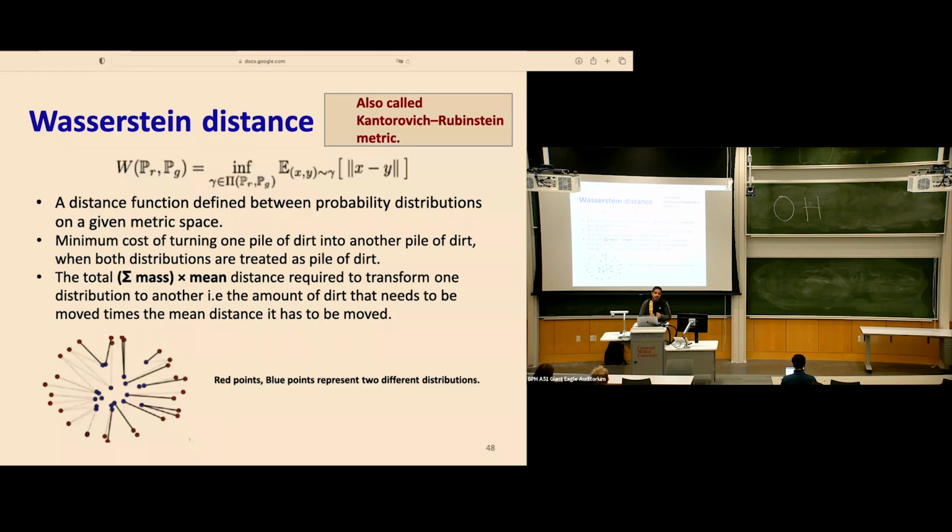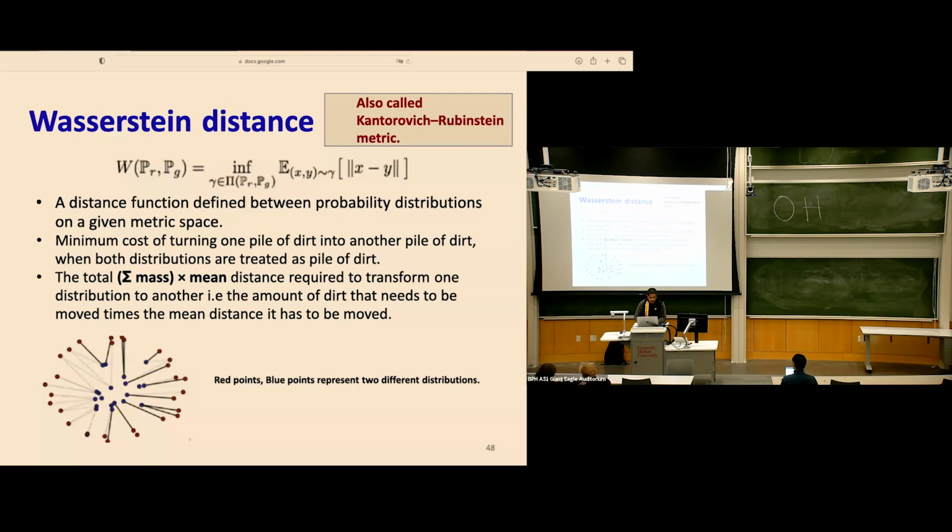So it's basically the amount of dirt that you need to transform multiplied by the mean distance by which it has to be moved. That's the Wasserstein distance. In this figure, the red points show one distribution and the blue points show the other distribution.